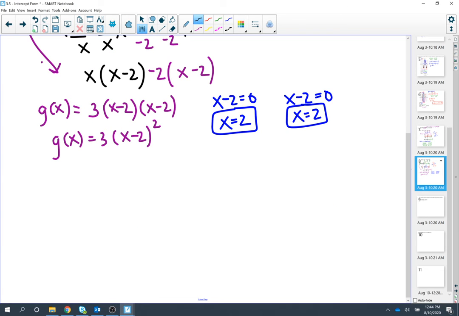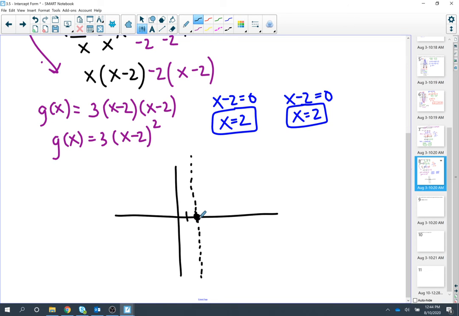Let's look at that. So, if x equals 2, and he only has one x-intercept, then how do you find his axis of symmetry? Because for the axis of symmetry, remember, you have to go to the middle. Where is the axis of symmetry? It's actually right there on 2, which means this is actually the vertex.